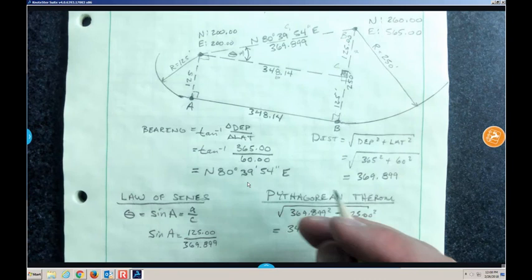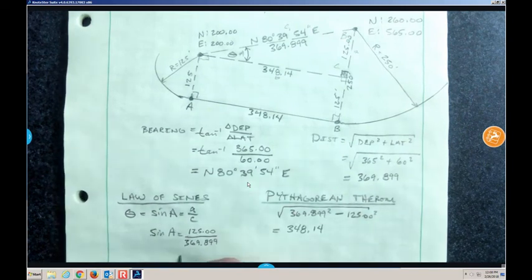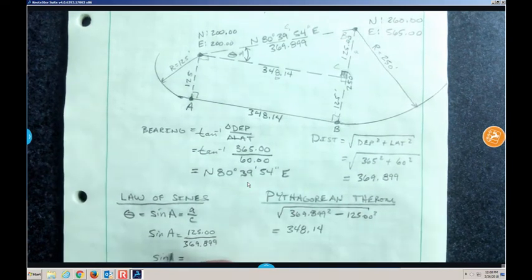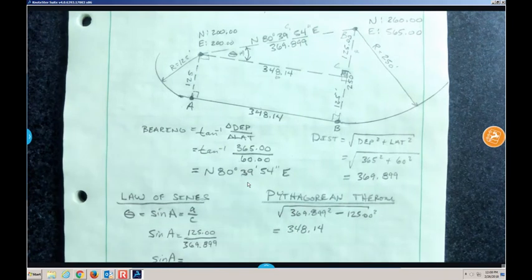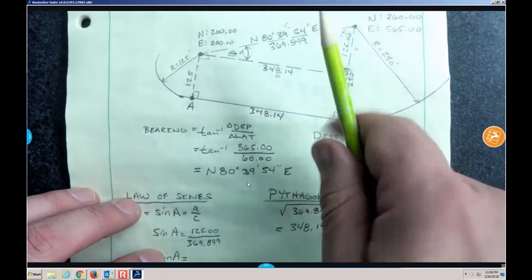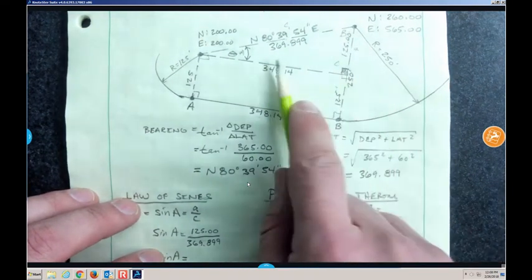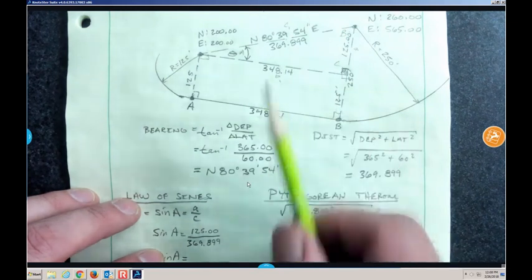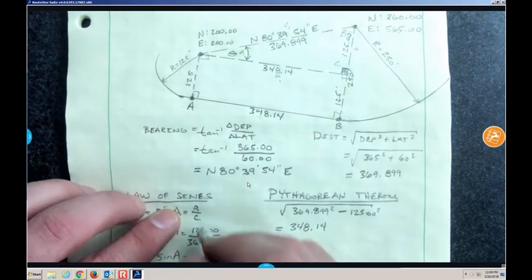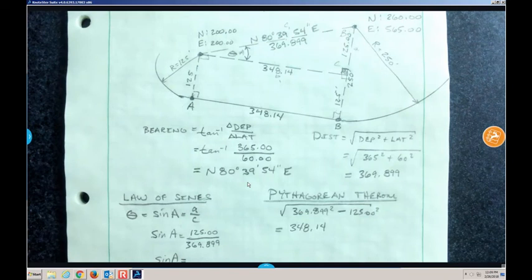I labeled that backwards. We'll see if it comes out. I think this is supposed to be 348. This should be B, so it's opposite over hypotenuse.